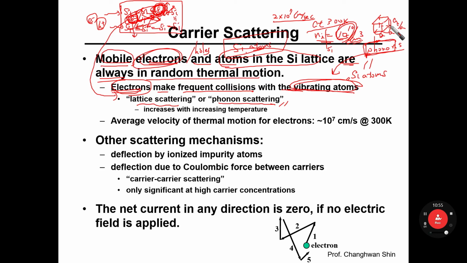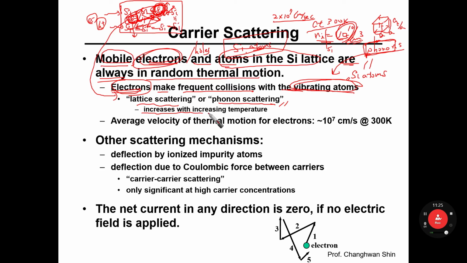Sounds amazing, right? So this huge amount of electrons and holes make frequent collisions with the vibrating silicon atoms, or phonons. These scattering events are named phonon scattering. Now I hope you understand the basic and intuitive concept of phonon scattering.